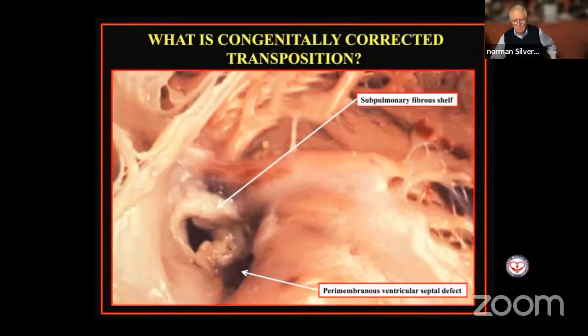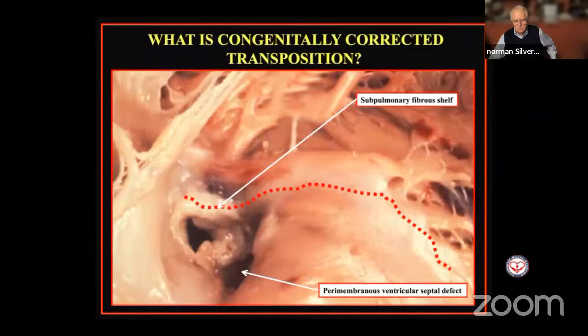Because with the eye of faith, we can see the course of the atrioventricular conduction axis. We're going to come back to this shortly when we look at hearts to show you where it is. But in this picture, you can see that the axis is running anterocephalad relative to the perimembranous defect.